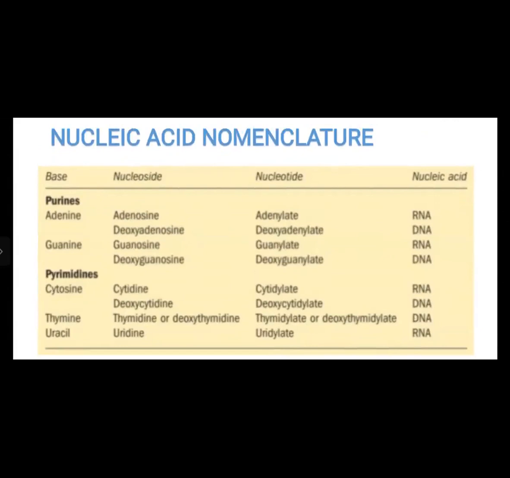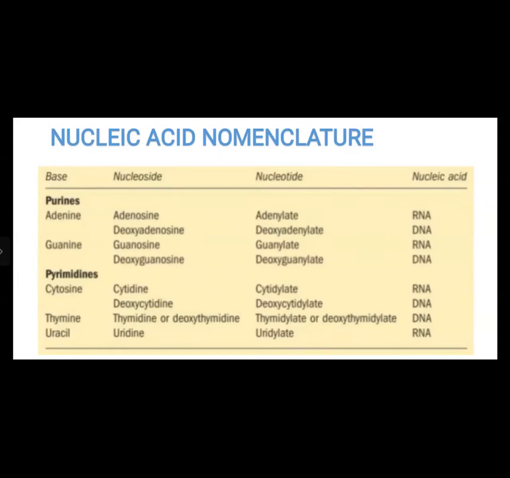As discussed in the previous class, the nitrogen bases are of two types, purines and pyrimidines. Purines are double ring structures, and pyrimidines are single ring structures. Under purines, we have adenine and guanine.